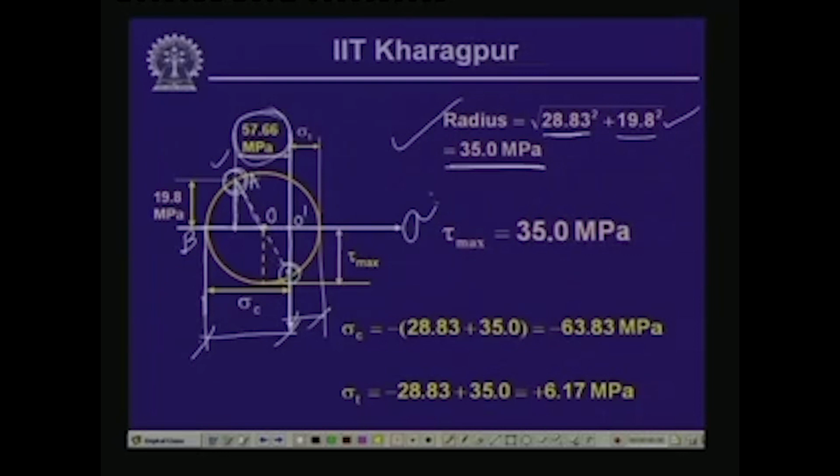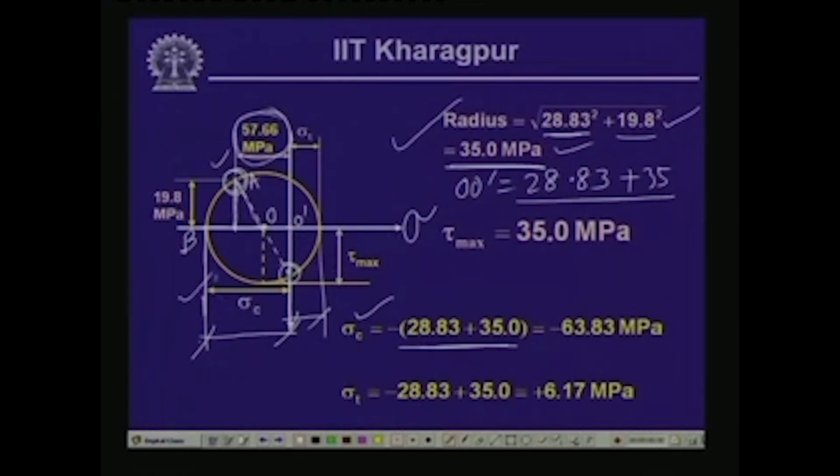So, OO dash is equal to 28.83, which is half of 57.66, and O dash B is equal to the radius, which is 35. If we add these two, 28.83 plus 35, you get the normal stress on the other side of the positive sigma axis. So, this is negative, and we call this the compressive stress.